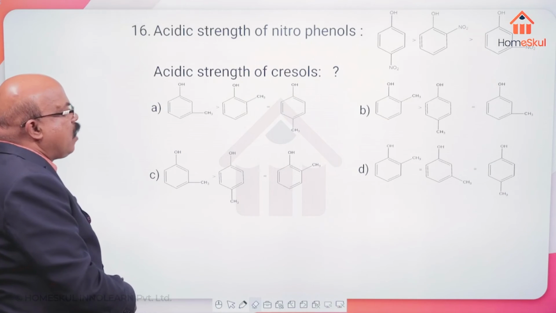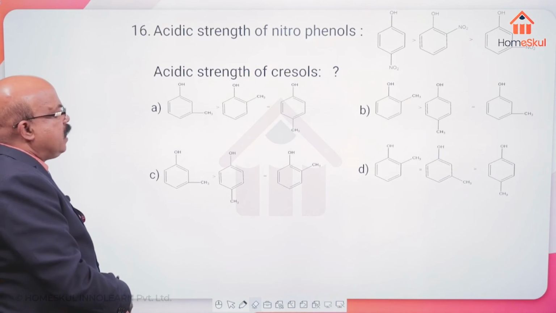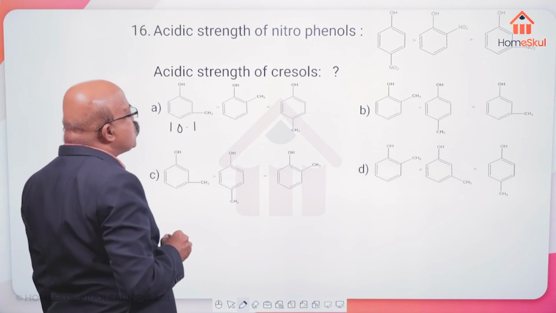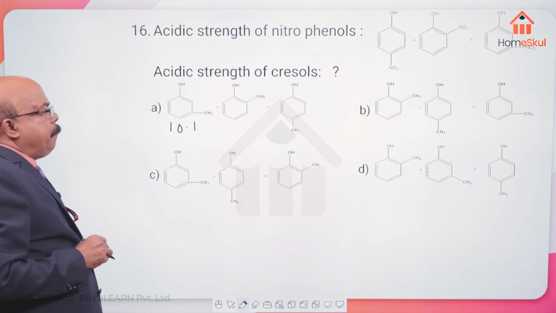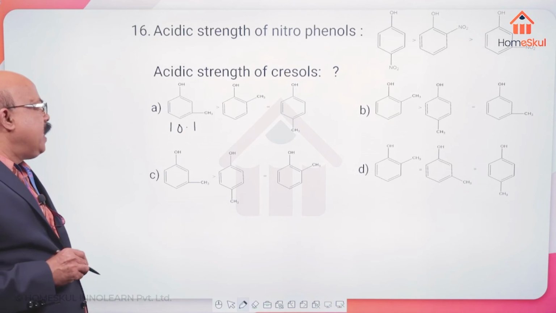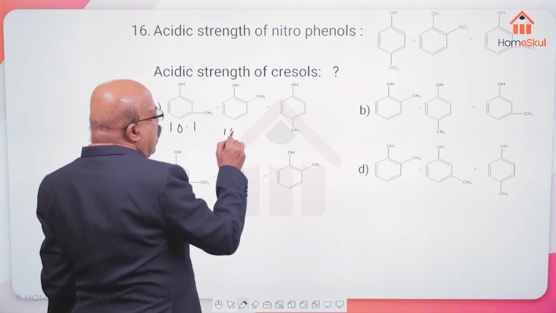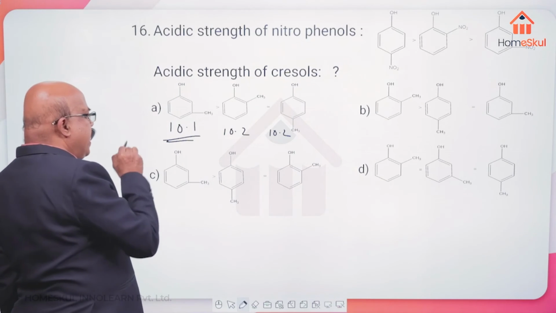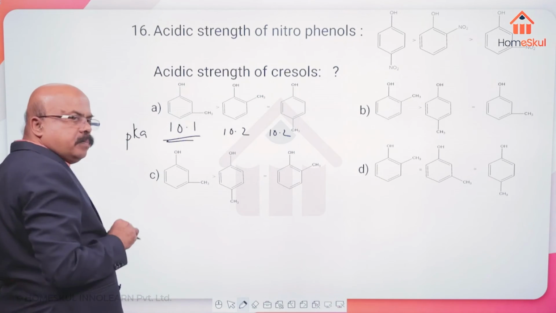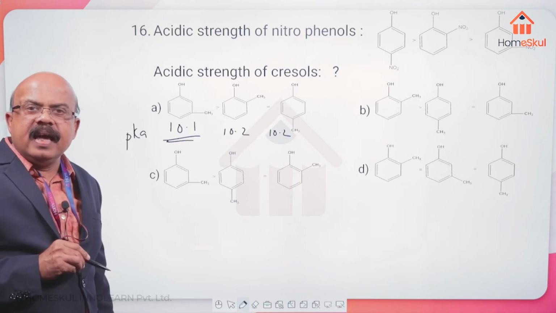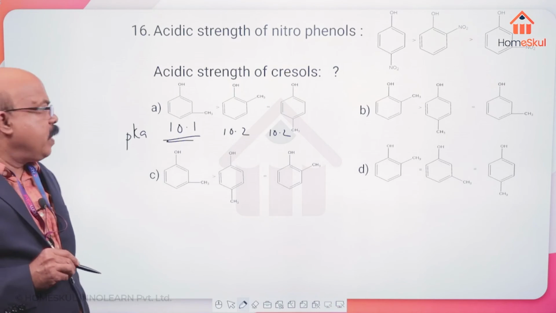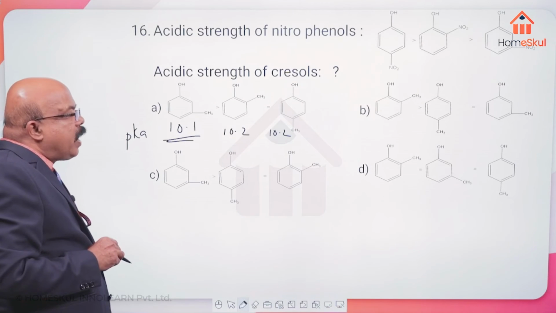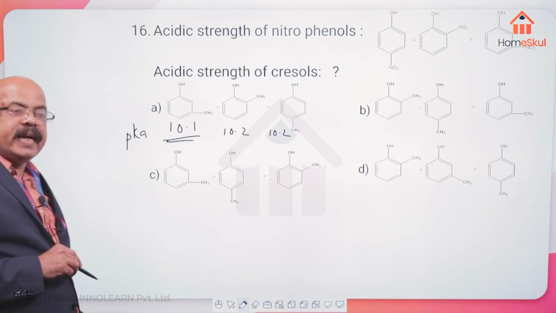The one which is having less pK value is more acidic. Metacresol has 10.1 pK value. These two have 10.2. Lower the pKa, higher the Ka, higher the acidic strength. So metacresol is more acidic than both orthocresol and paracresol. They have same acidic strength.